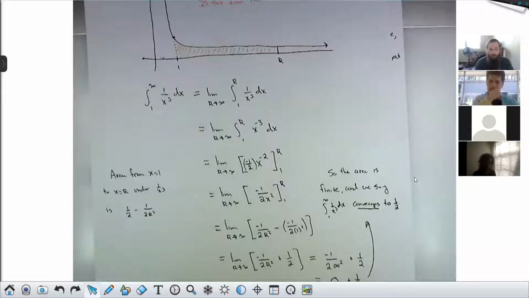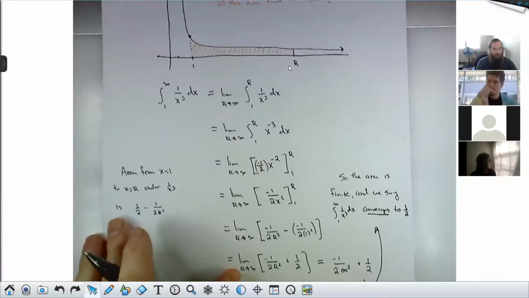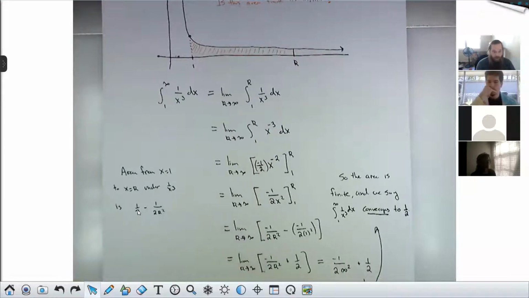And it turns out that just because of the way this antiderivative looks, because of the formula we're able to find for the area from 1 to r, it happens to come to a finite value as you send r to infinity. It's kind of shocking. I agree that this is kind of shocking.